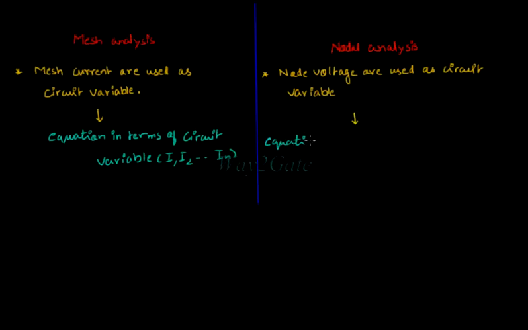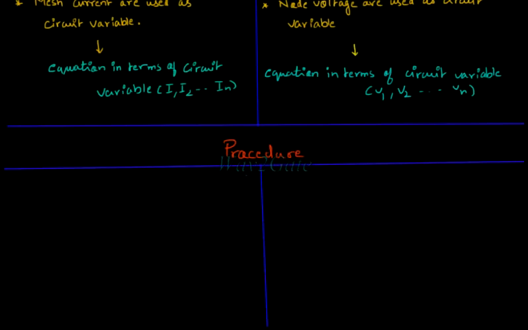Similarly, for node voltages, the equation comes in terms of circuit variables. Now let's check the difference between the procedures.